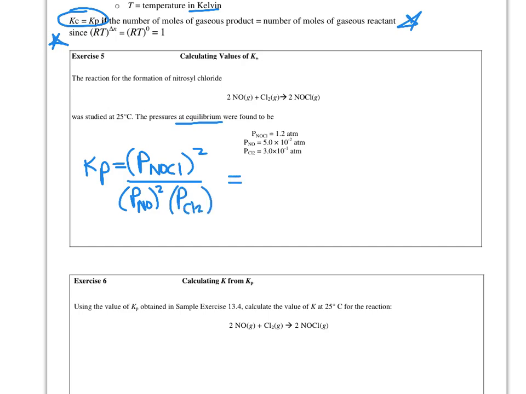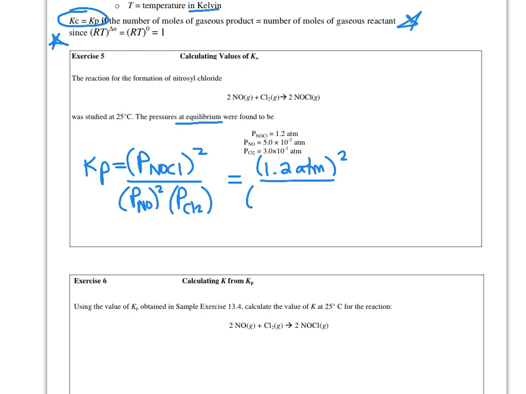So then we're going to plug in the actual pressures we have, right? So when we plug in the actual pressures, we would take 1.2 atm squared. Notice in my equilibrium expression, I didn't use the brackets, because we're talking pressures, I use the P's instead.